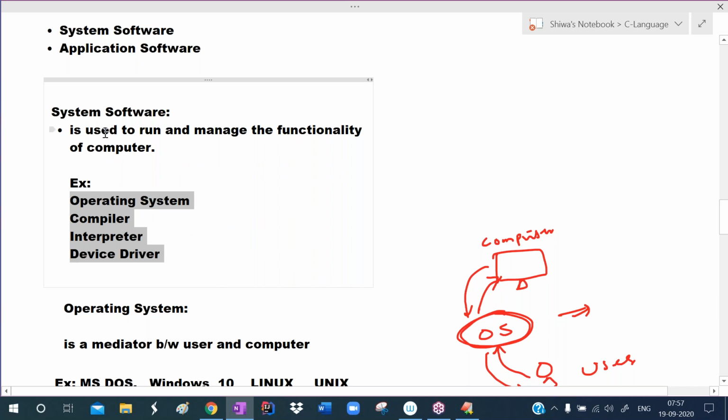The software that is used to run the system and manage the functionality of the system is called system software. If the operating system is not there, there will be no booting process, it does not maintain the folders and files, does not manage the memory, does not manage the drives, and does not communicate with the devices. You cannot do anything without an operating system.